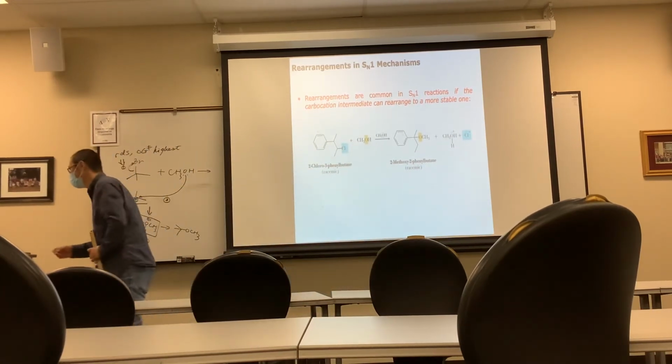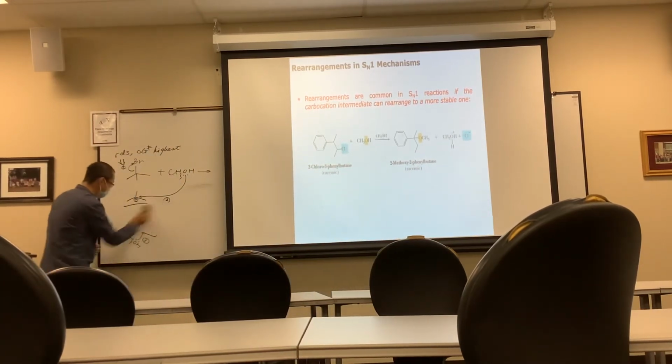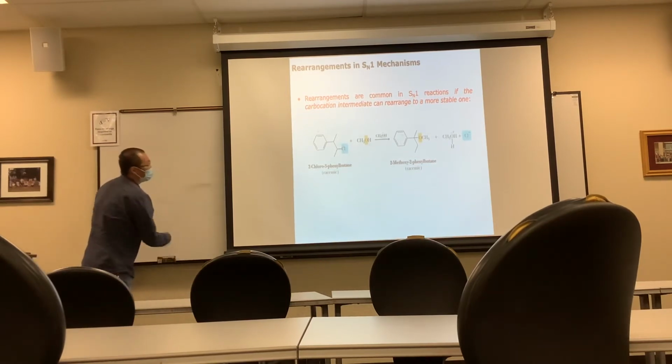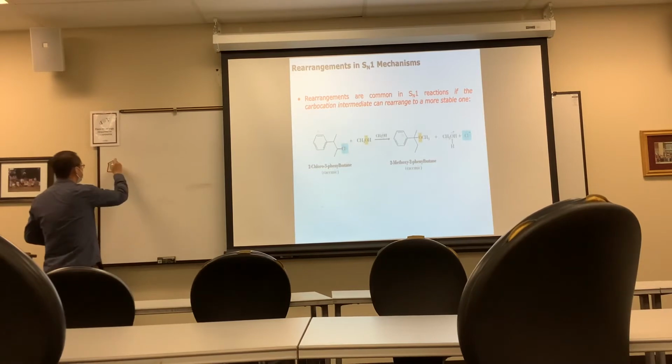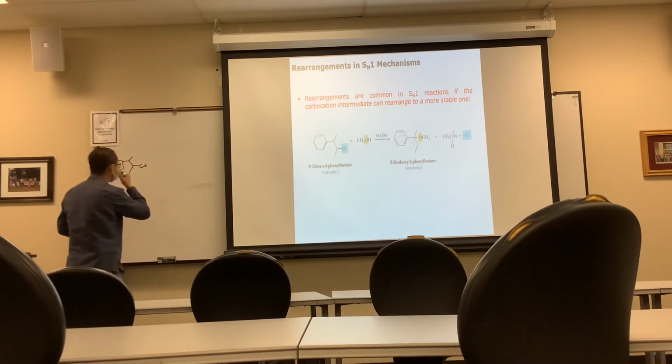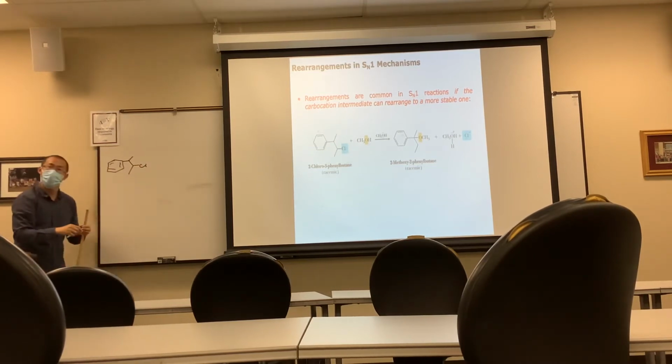So let's draw the mechanism and show you these push arrows again. Guys, please. The reason I want to draw on board is I want you to practice drawing. Okay, let's do it together. First step. If I show you this question, ask you, can you explain to me what happened in this reaction? Can you show the mechanism?